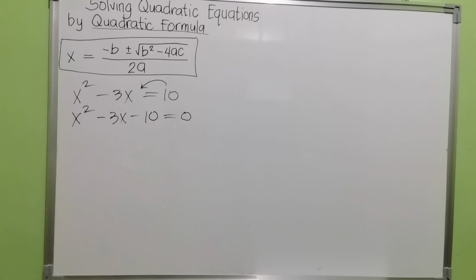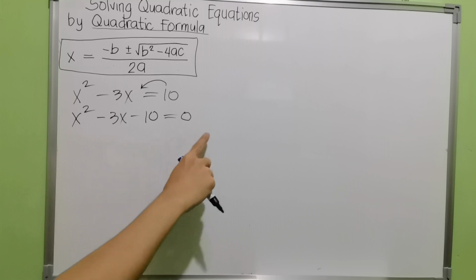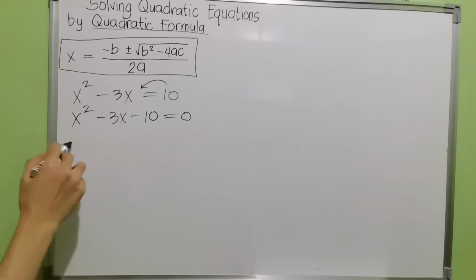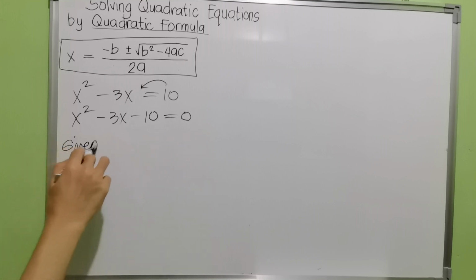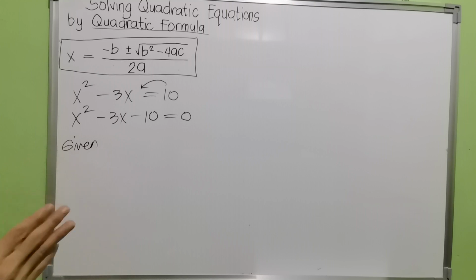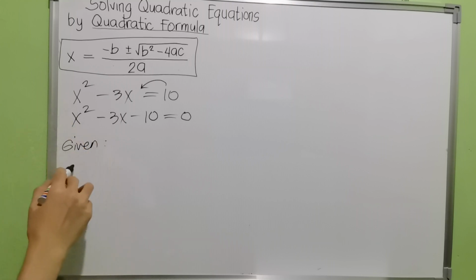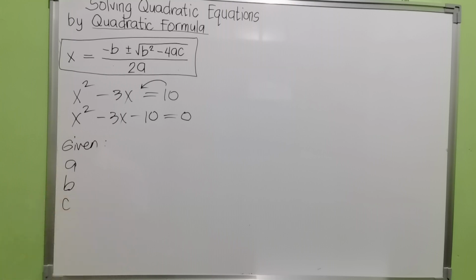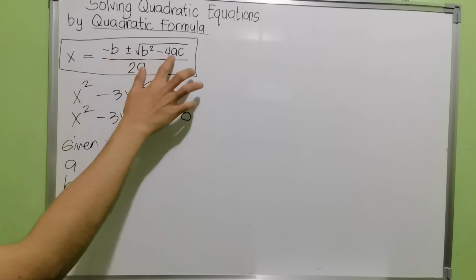Because this is in the standard form already, we have to write the given first before we substitute to the formula. Our given is a, b, and c, because in the formula we have the variables b, a, and c.